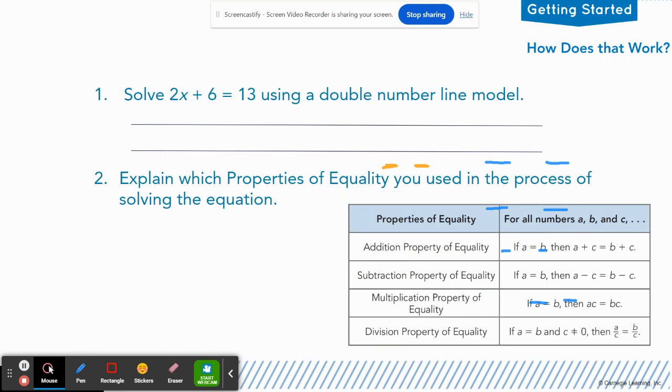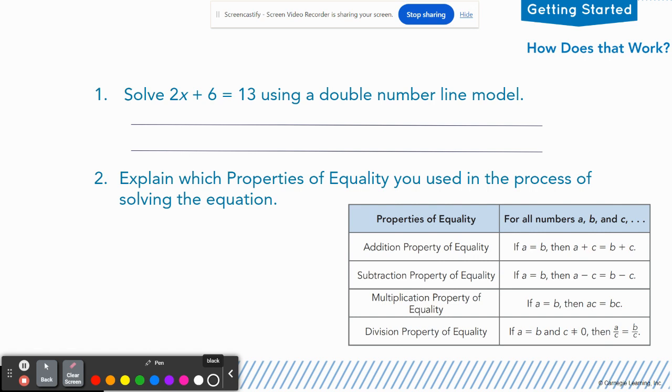All right, now let's look at questions 1 and 2. Question 1 reads, solve 2x plus 6 is equal to 13 using a double number line model. And number 2 says, explain which properties of equality you used in the process of solving the equation.